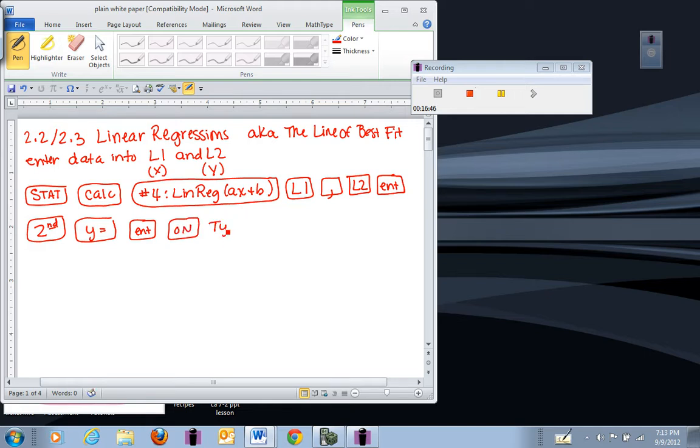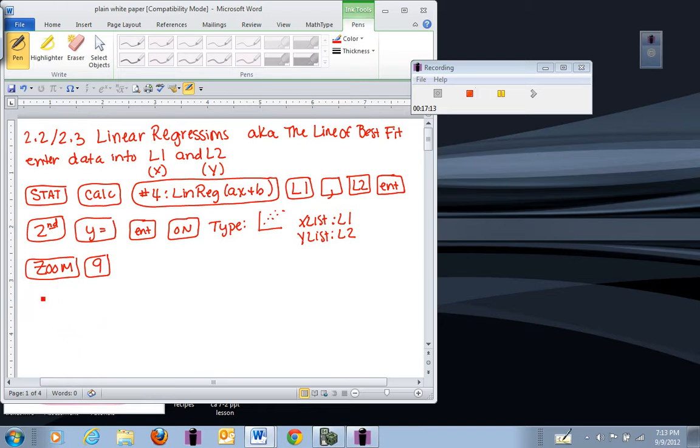For type, remember we picked the one that looked like a scatter plot, the first choice, and you just need to make sure that the X list is list 1, and then the Y list is list 2. And then all we had to do was hit zoom 9. This will graph the scatter plot.